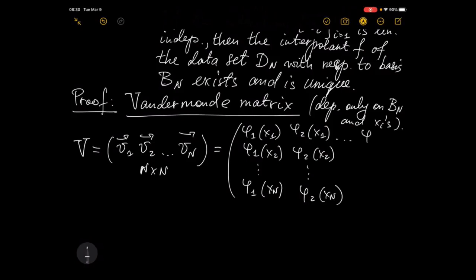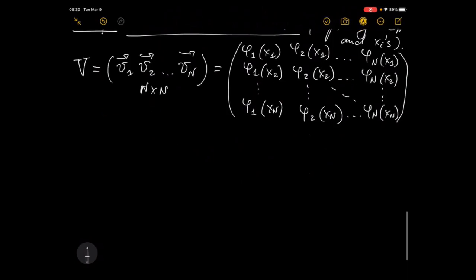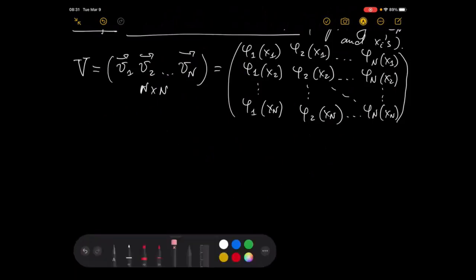And this is vn. So this is the Vandermonde matrix. And then what is interesting is your interpolant. What is the requirement?